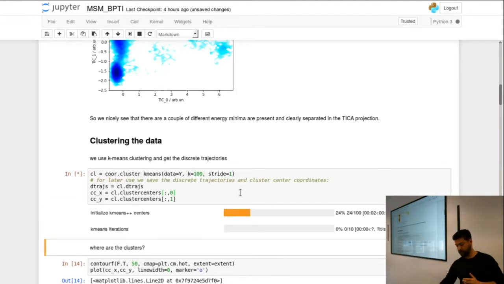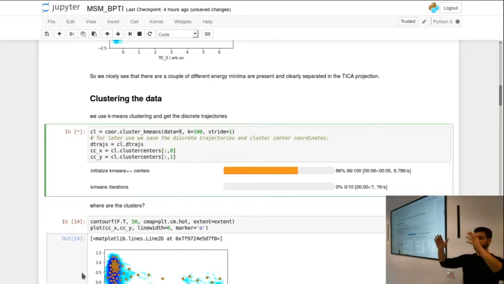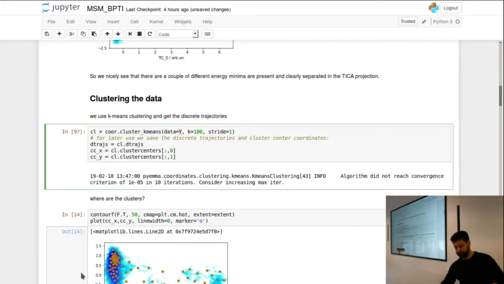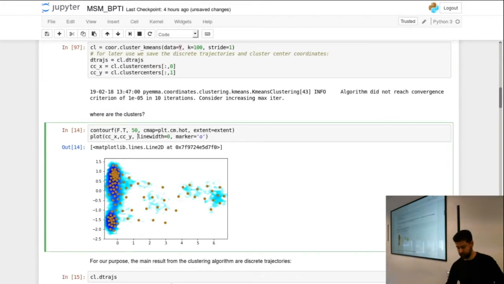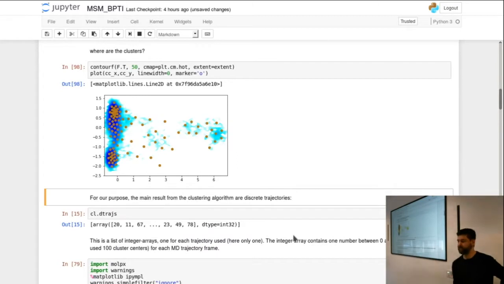So in order to discretize, I just give the y variable, this matrix of 20,000 frames times 2 columns, to the method, cluster k-means, and there you go. These are the cluster centers. Because this is a k-means clustering algorithm, more cluster centers have been placed where more data exists.